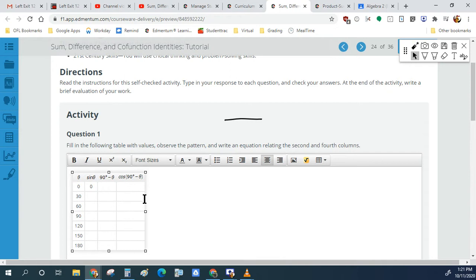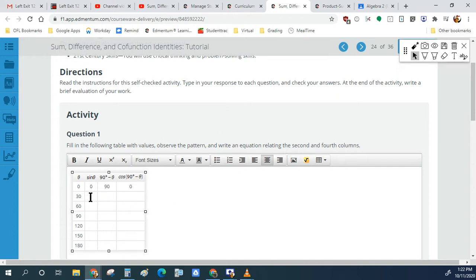Now, what's 90 minus our theta? In other words, 90 minus 0. So that's 90. What is the cosine at 90? Well, at 90 degrees, cosine would also be 0. We're at 90 degrees, there is no run. There's no x value, so that's how come it's going to be 0 as well.